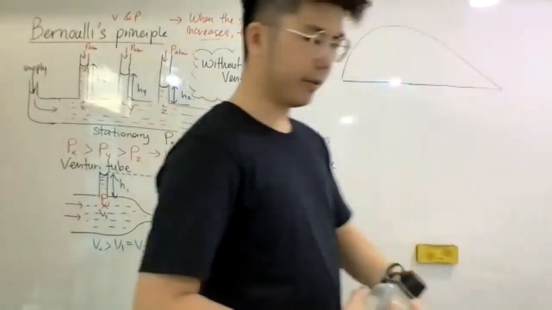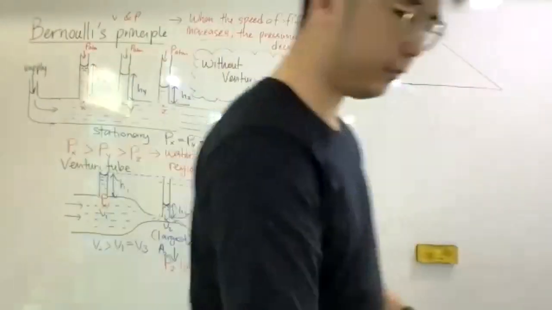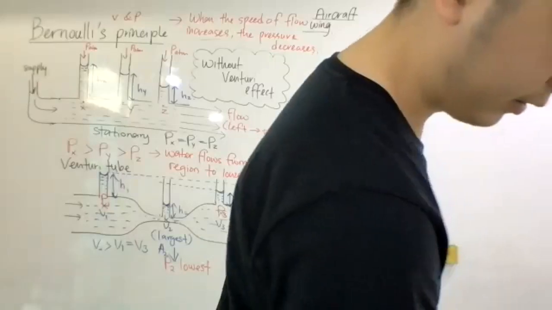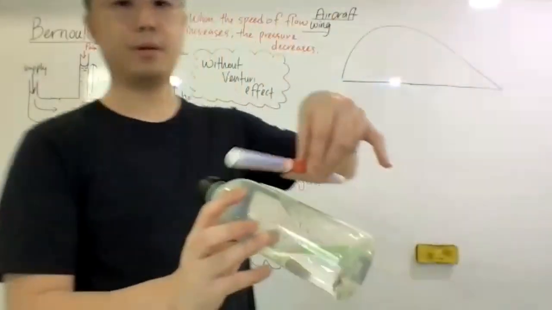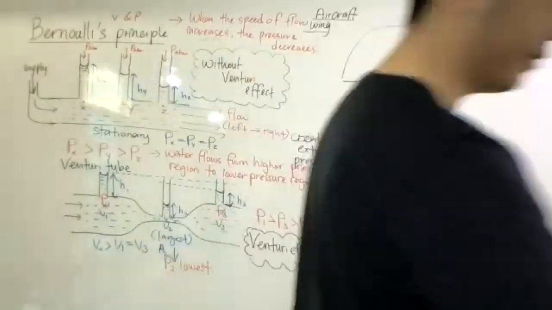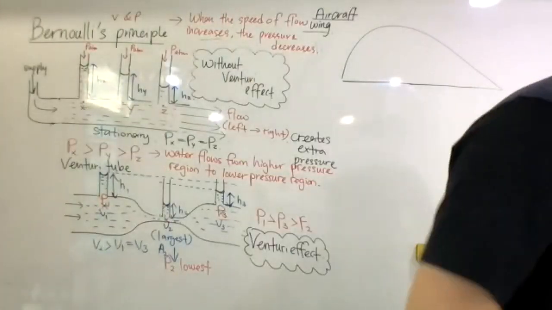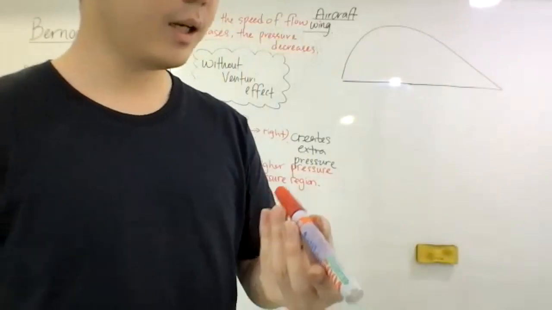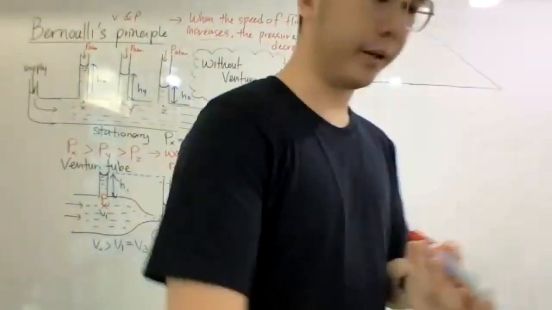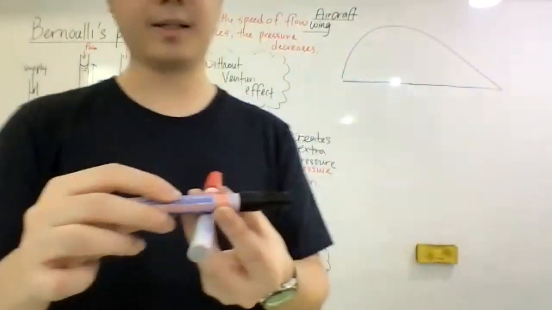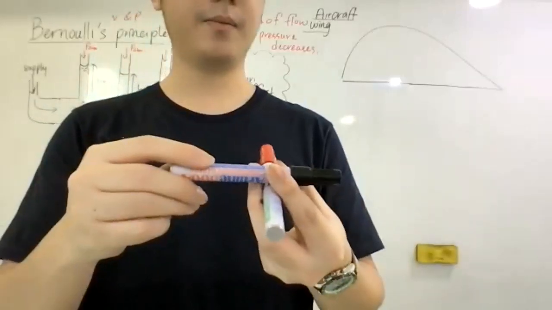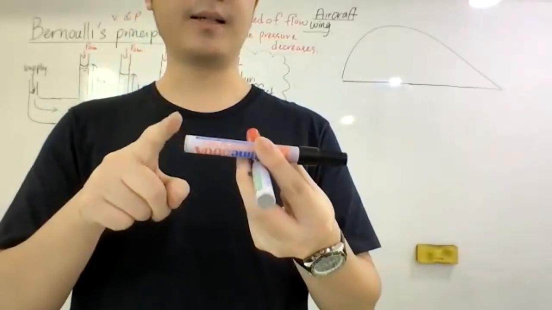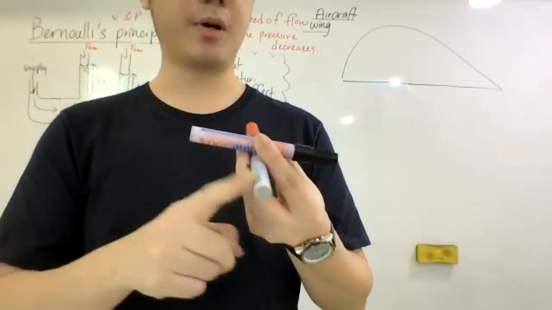This is the aircraft body, and here's the aircraft wing, like this. So this is the wing, this is the body.